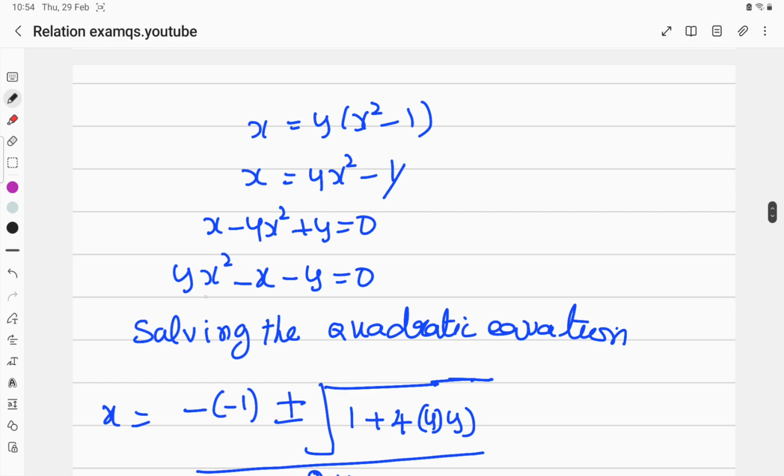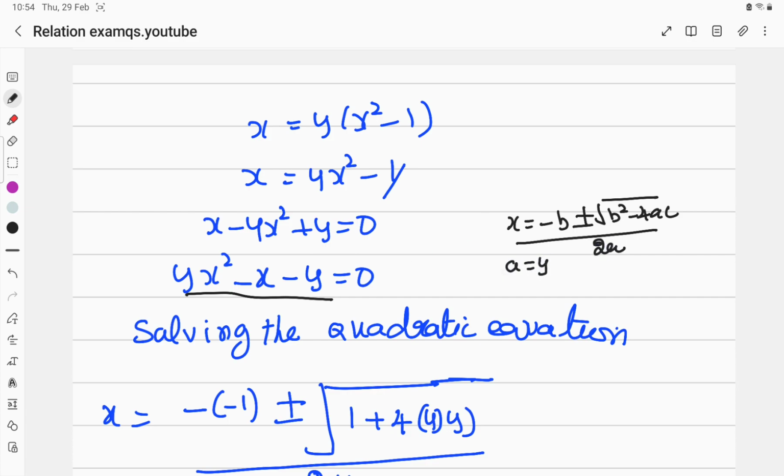Here the quadratic equation is y x² - x - y = 0. Use the formula x = (-b ± √(b² - 4ac))/2a. Here a = y, b = -1, c = -y.